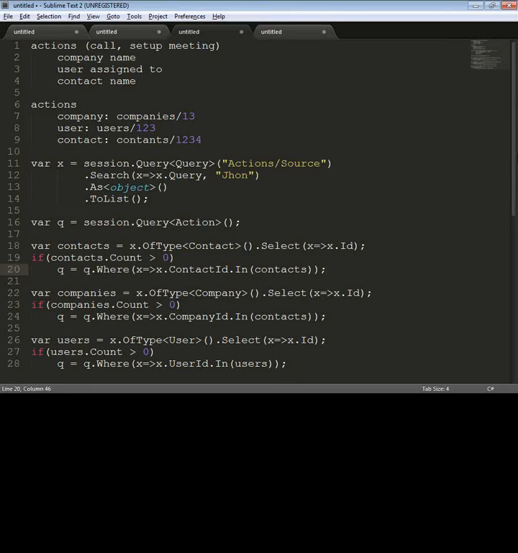So I cannot do a load here because I'm trying to find something like this, and I don't know what action this is. I don't know if this is action number 5 or 10 or whatever.